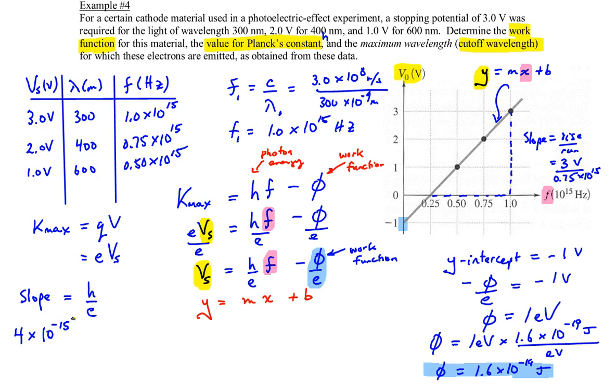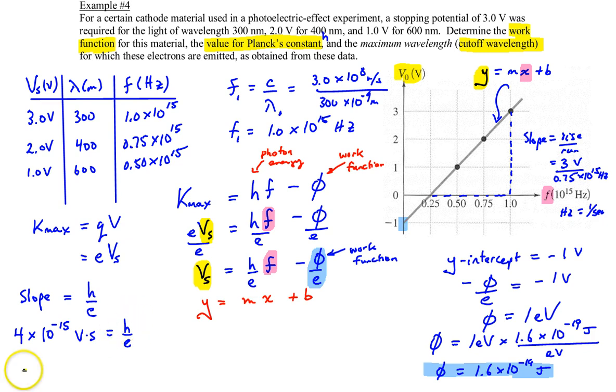And this is measured in volts per hertz. And remember, 1 hertz is a cycle per second. So a hertz is just really 1 over seconds. And so when you bring that up to the top, you'll get seconds here, is equal to h over e.